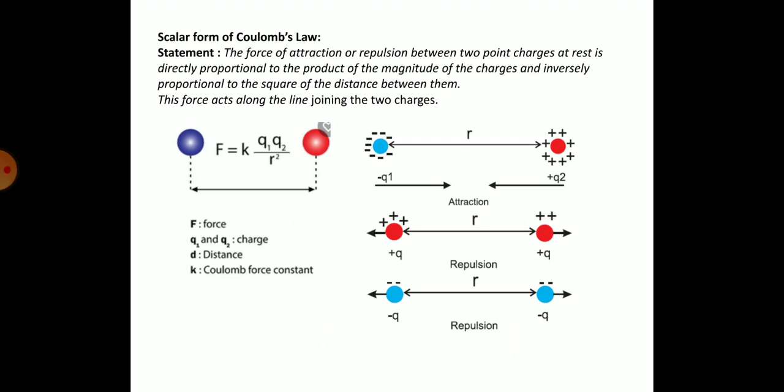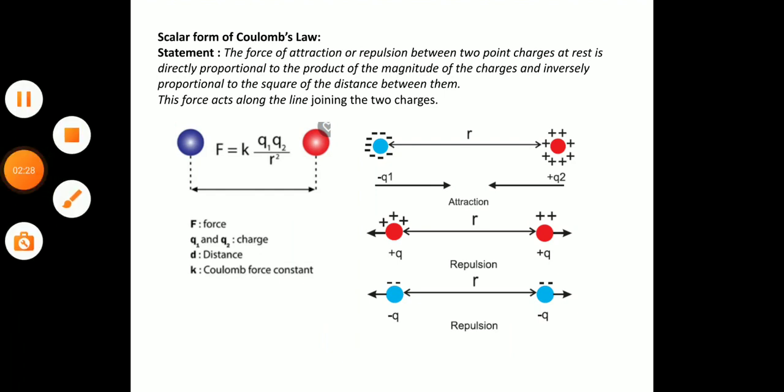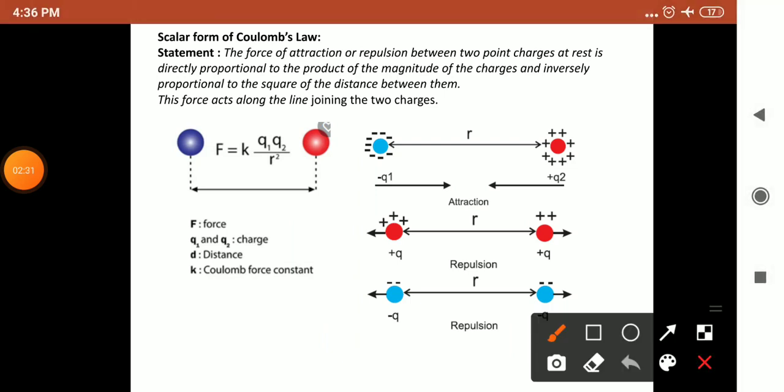The force of attraction or repulsion between two point charges at rest is directly proportional to the product of magnitude of the charges and inversely proportional to the square of the distance between them.